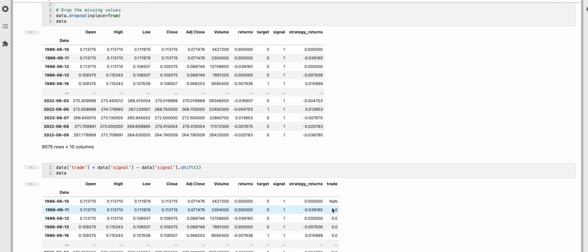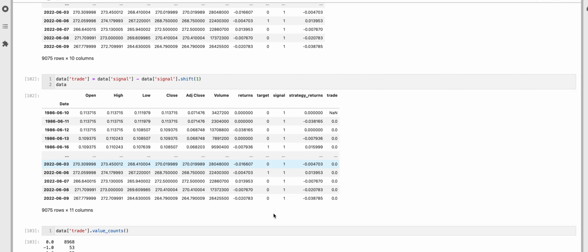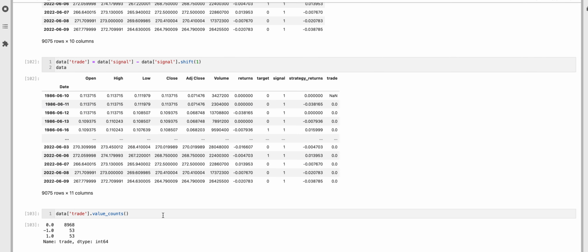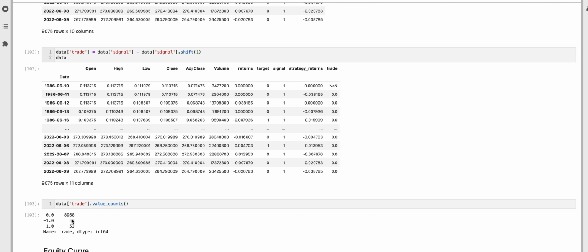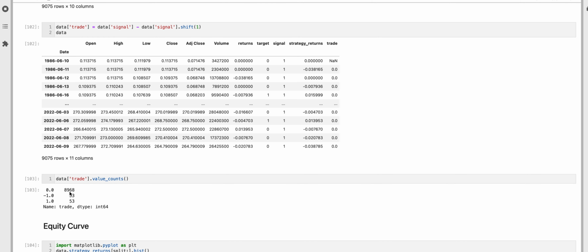So zero means there's no trading. 1, we buy the stock, and -1, we sell the stock. We count the number of 0, -1, and 1. You can see that there are very few trades. Okay, there are 53 trades that are selling and 53 trades that are buying.